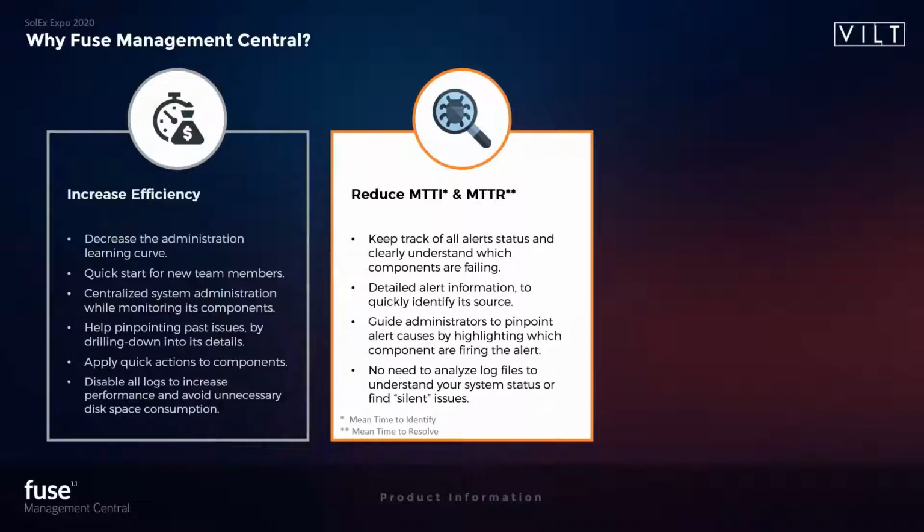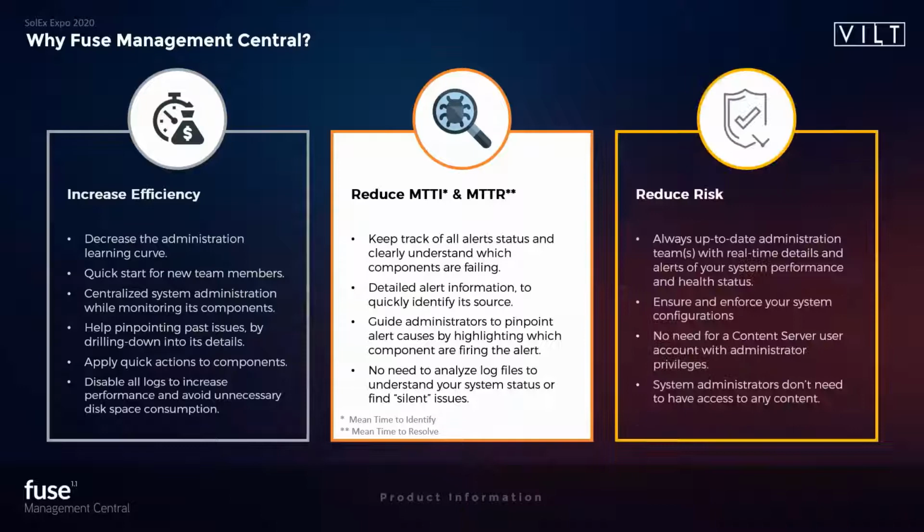Of course, if Fuse cannot solve it, you can always go to OpenText support. But the maximum information, and as Fuse gives you a 360-degree view and granular view of everything, picking up a screenshot or a logs package, you can send to OpenText support, and for sure they will be answering your issues much more quickly. And also to reduce risks.